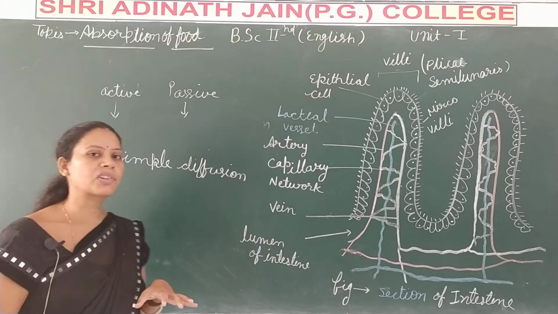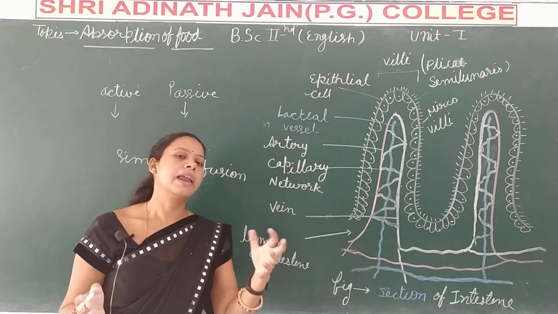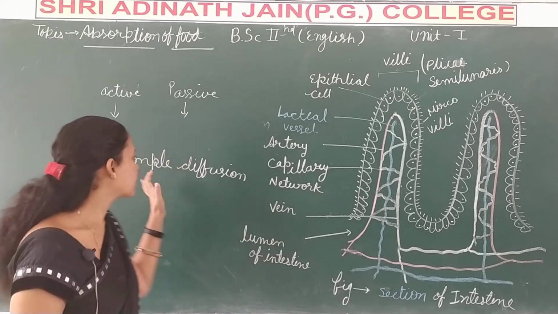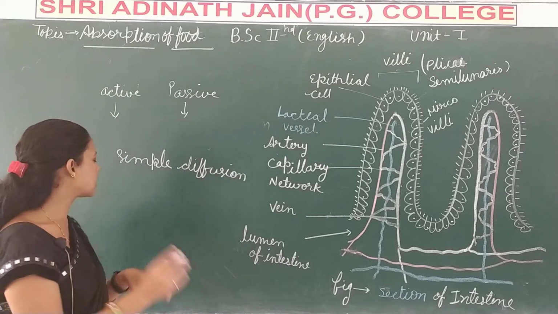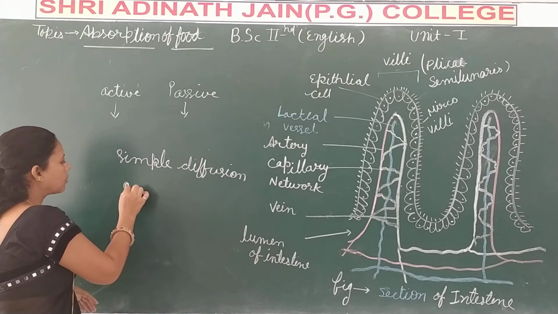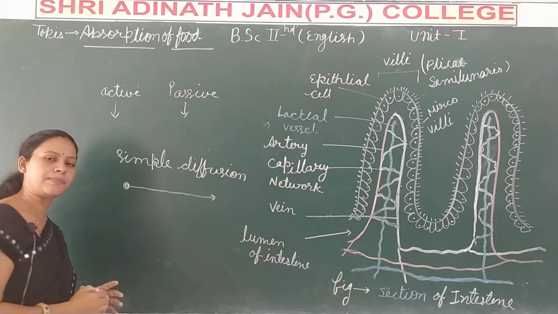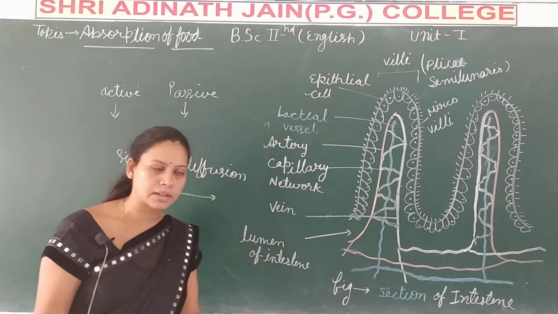One will be a simple diffusion and the second one will be a facilitated diffusion. In a simple diffusion there is no barrier, and whatever material is there can be transported easily. There is no requirement.